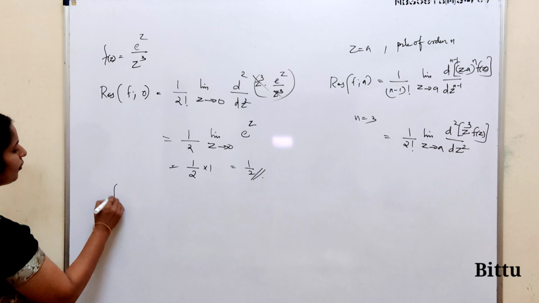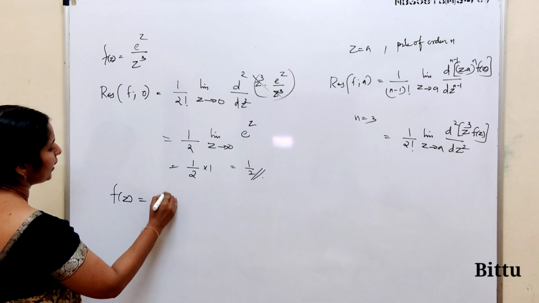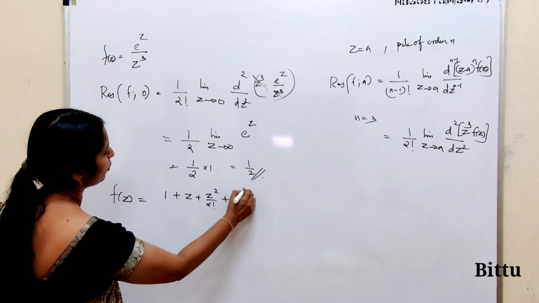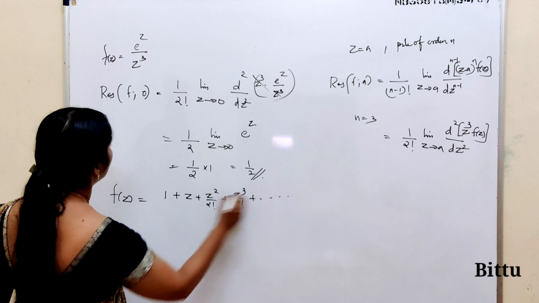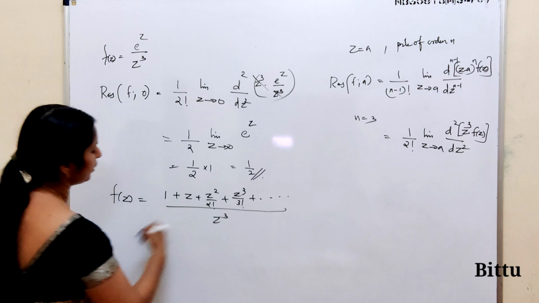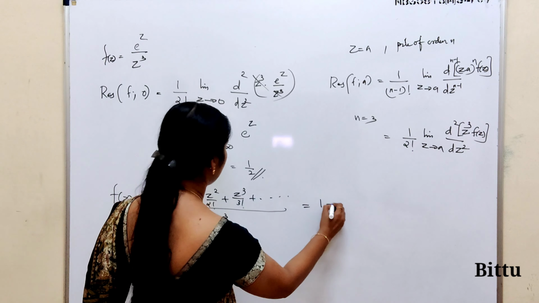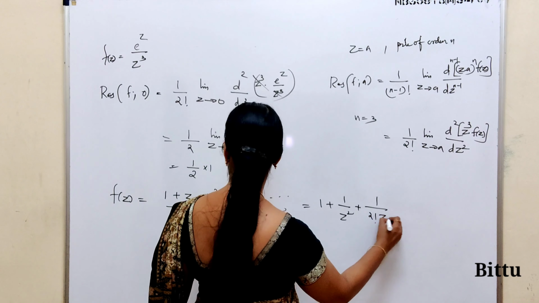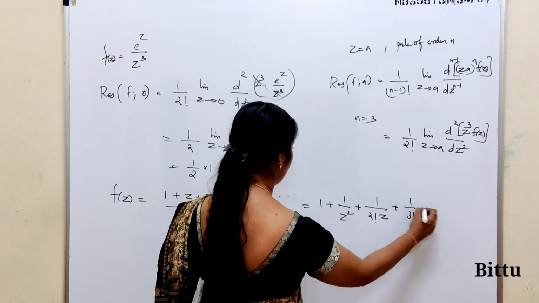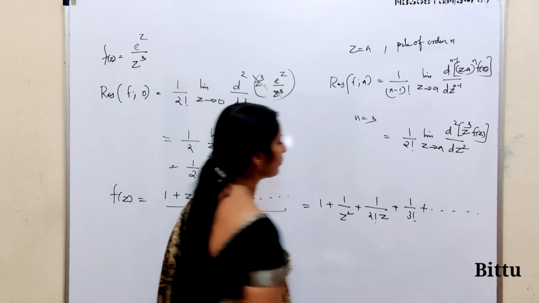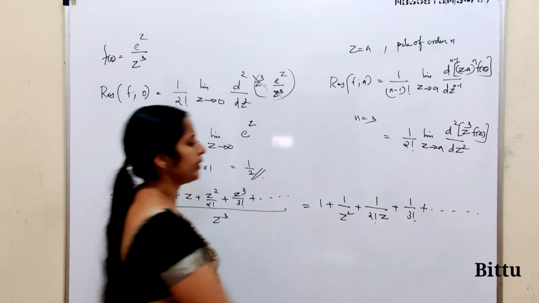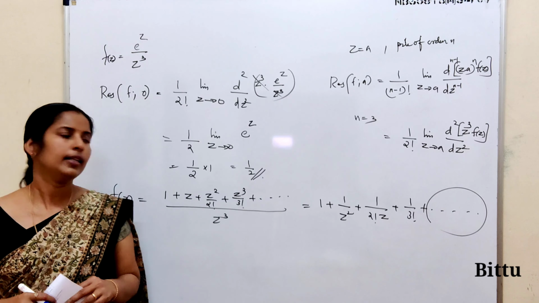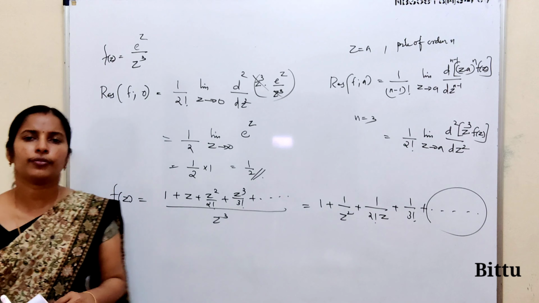So e raised to z is 1 plus z plus z square by 2 factorial plus z cube by 3 factorial plus etc., the whole divided by z cube. That is 1 by z cube plus 1 by z square plus 1 by 2 factorial into z plus 1 by 3 factorial plus etc. This is the Laurent series expansion of f(z).